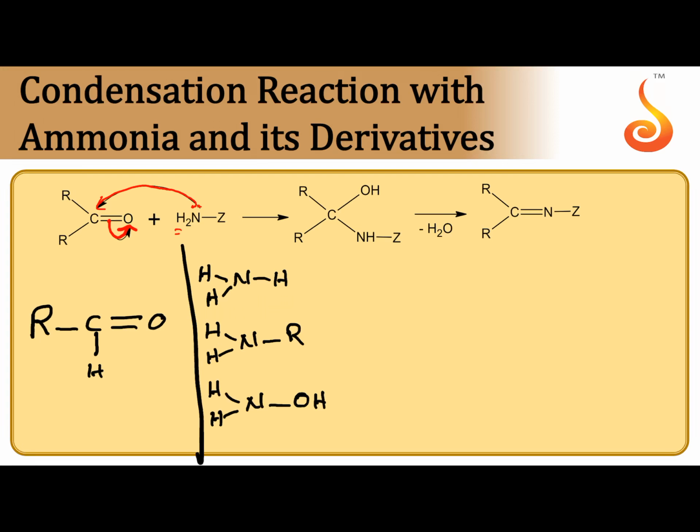It takes one of the hydrogens present at nitrogen. So totally H and NHZ. H goes to oxygen, NHZ goes to carbon. This is a nucleophilic addition reaction. Through the lone pair, the nucleophile attacks at the carbonyl carbon.